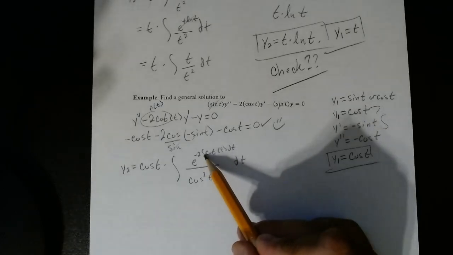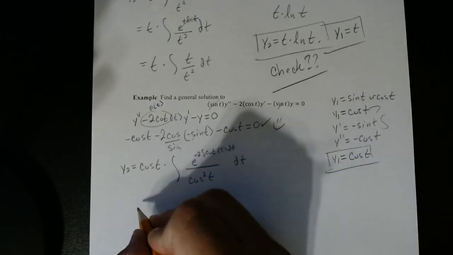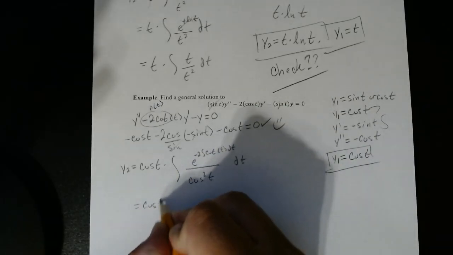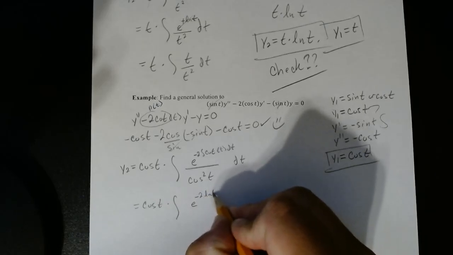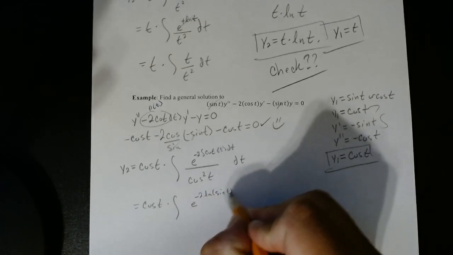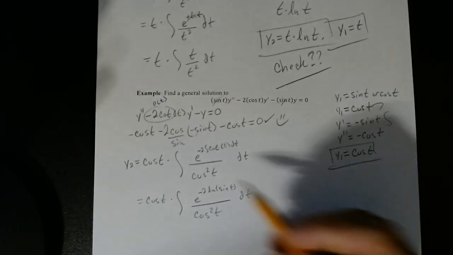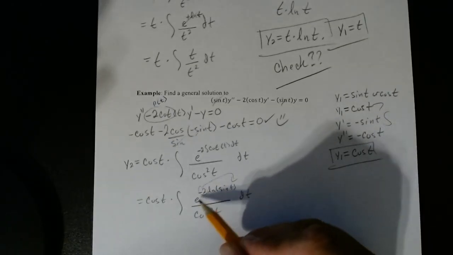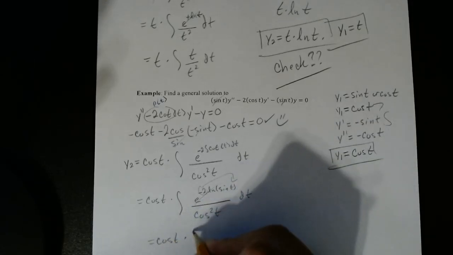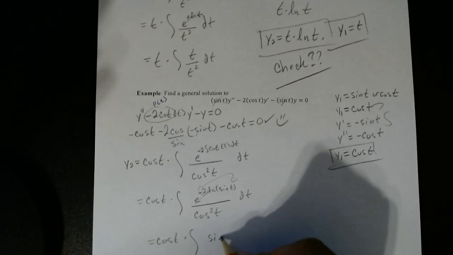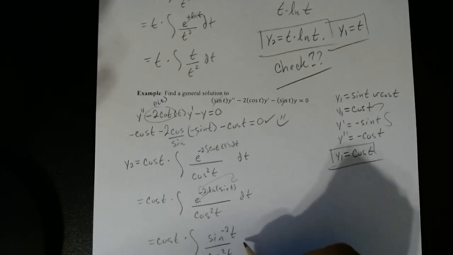Actually, the integral of cotangent, which is nice, is just ln of sine. All right, bringing this here, and then the e's cancel. And I'm left with this.